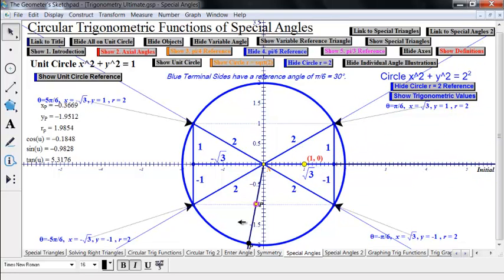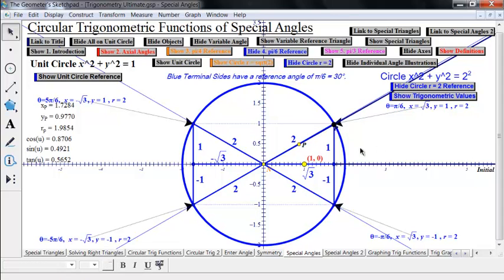So it's actually negative 11 pi over 6, or positive pi over 6. In other words, either positive 30 degrees or negative 330 degrees, or any other rotation that ends you up at this same place.